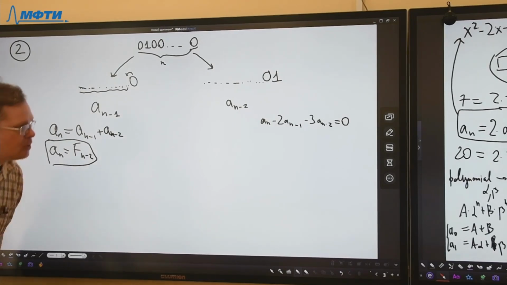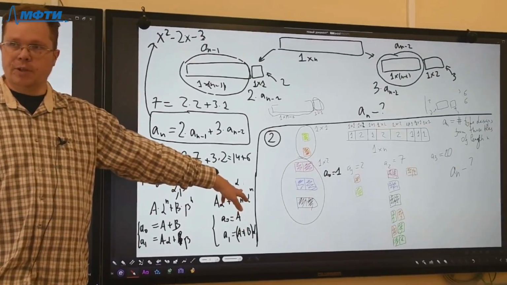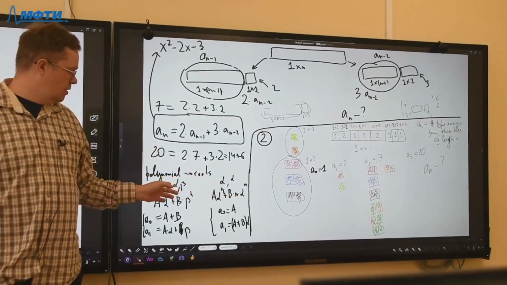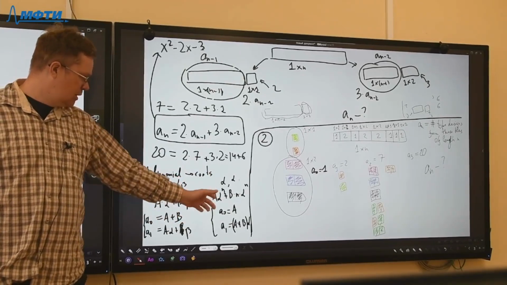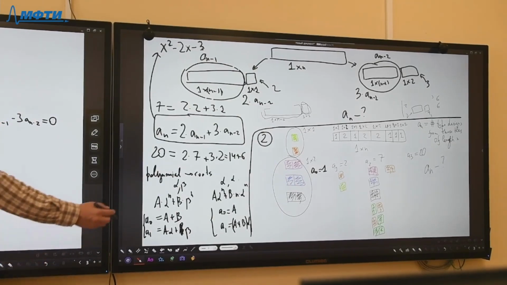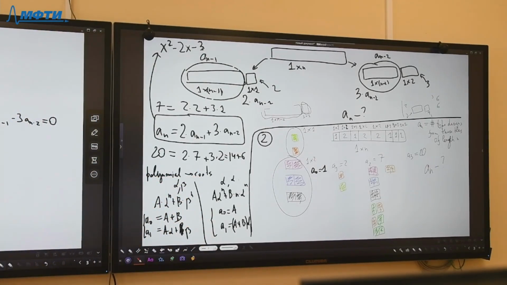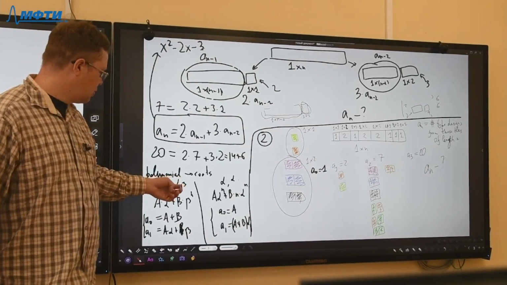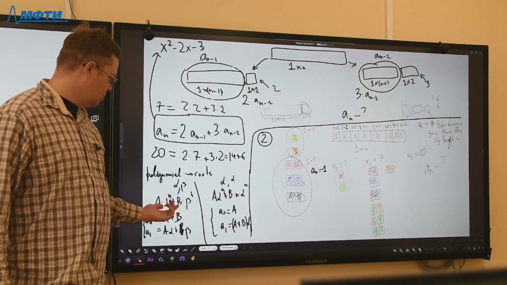Now we have two possible choices. Either we have two different roots, or we have one multiple root. In this case we have this type of solutions, and in this case we have this type of solutions. If we have two different roots, then we have just a linear combination of these geometric progressions.